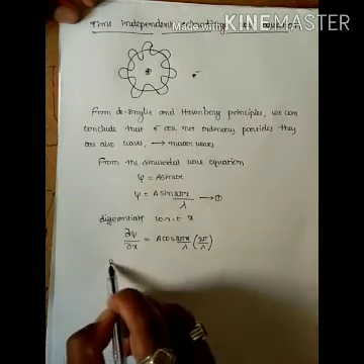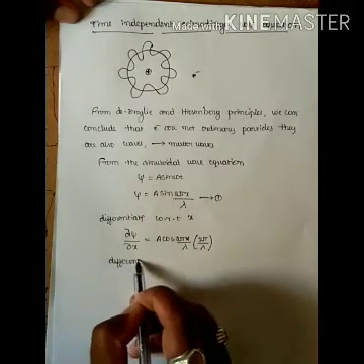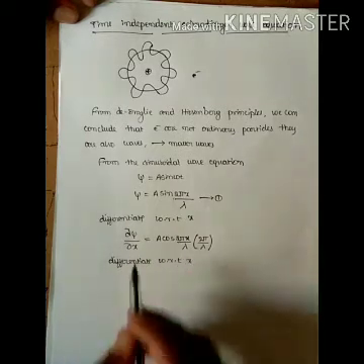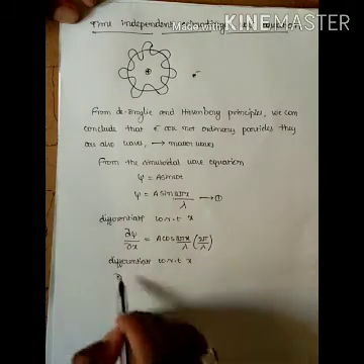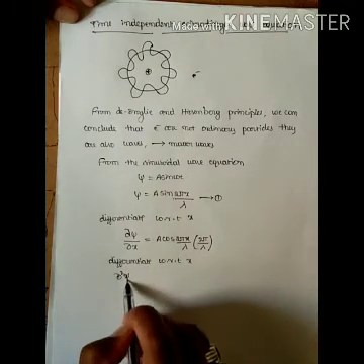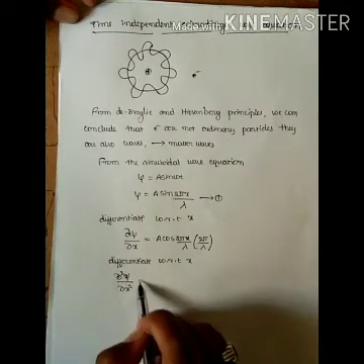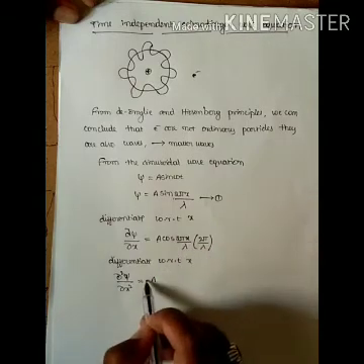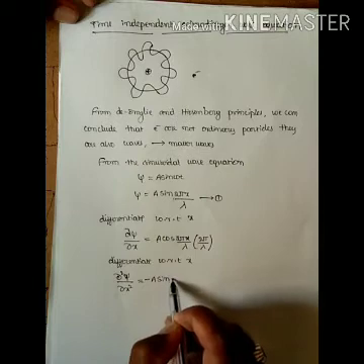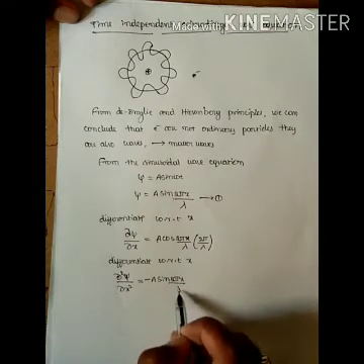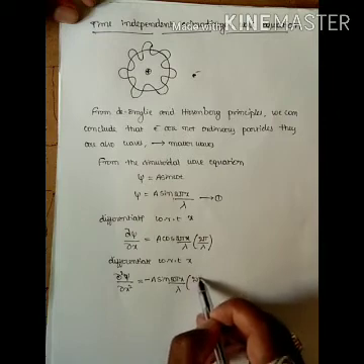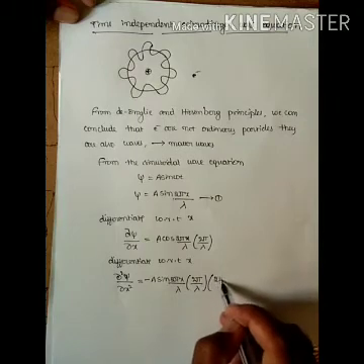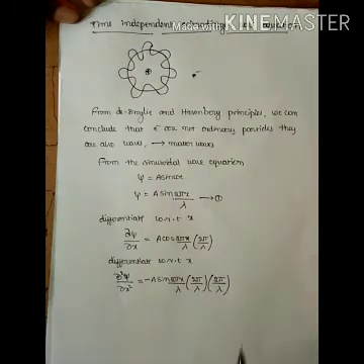Now we shall differentiate this equation again with respect to x. So it gives a second order differential equation, that is dou square psi by dou x square equals a, which will remain, and the differentiation of cos 2 pi x by lambda is minus sin 2 pi x by lambda, and we have already 2 pi by lambda, and again the differentiation of 2 pi x by lambda gives 2 pi by lambda, right?